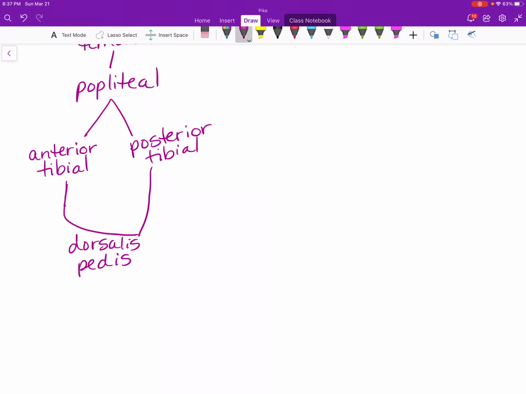And it just combines right there, but it mainly is the branch from the anterior. And the dorsalis pedis came underneath the foot. And then you do have another branch off of that called the arcuate. And then your digital, supplying your little toes.